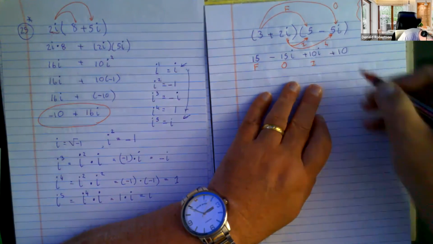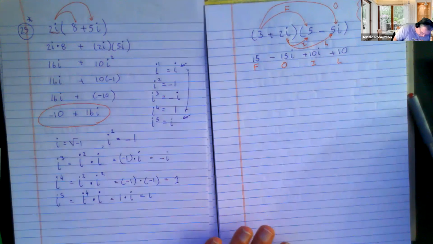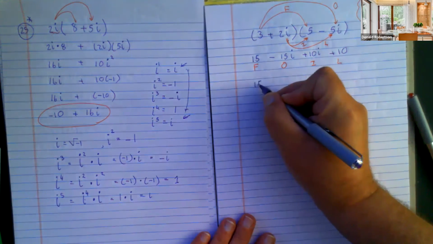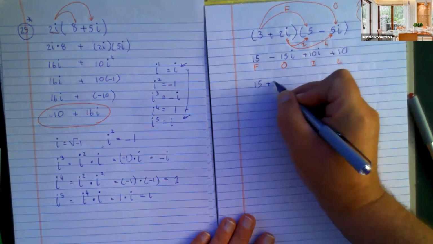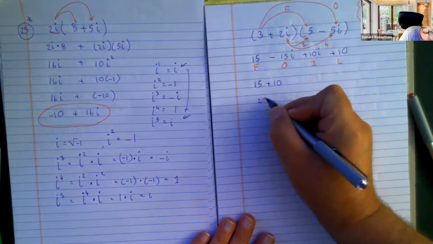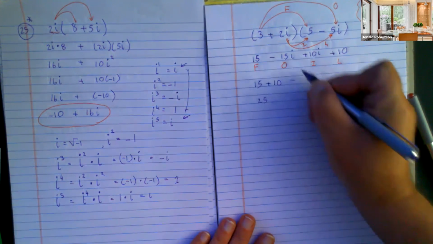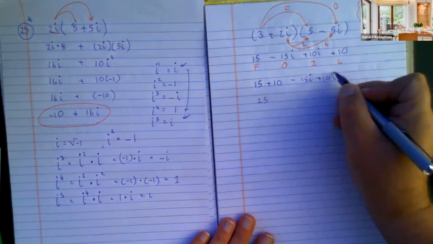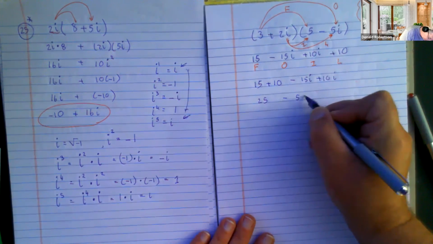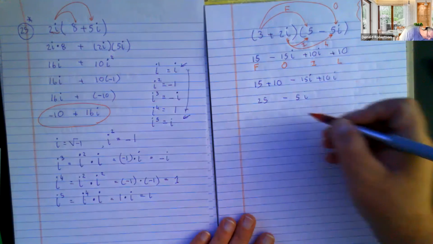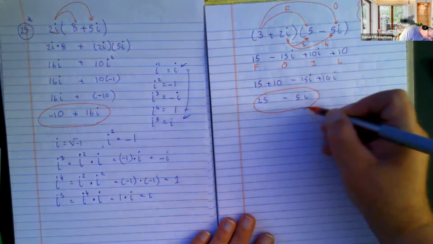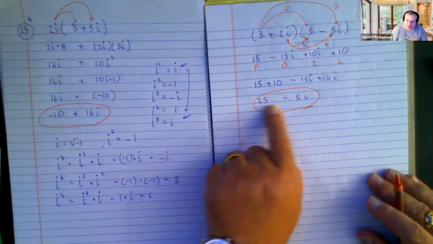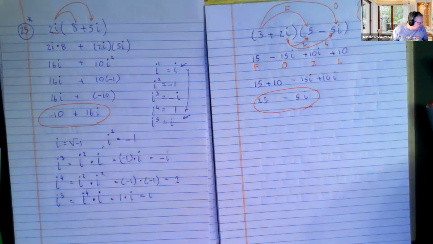And that's the L. Now you collect like terms, so you have 15 plus 10, which gives me 25. And you have -15i plus 10i in the center, and that gets you -5i. And once you get to a step that looks like that, a real part and an imaginary part, you're finished.